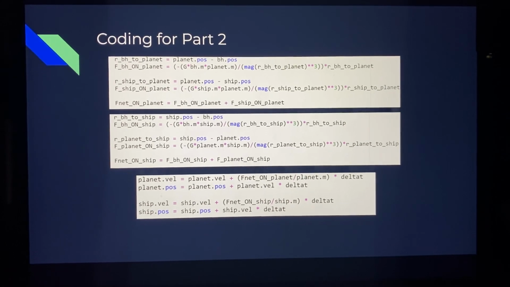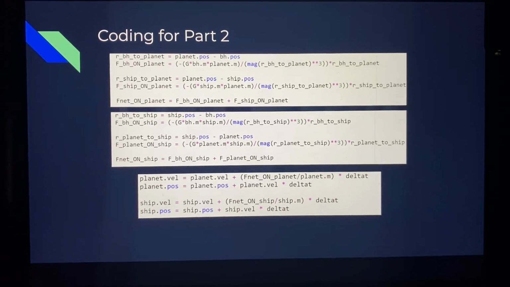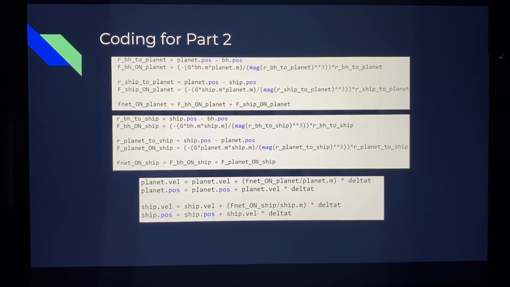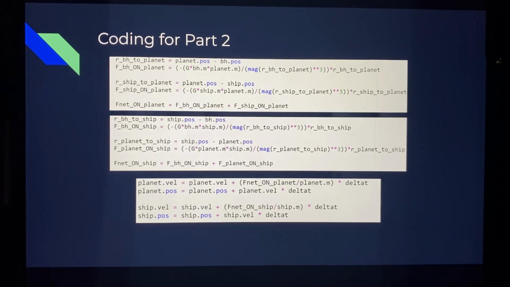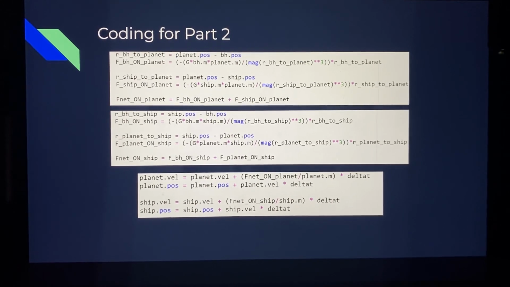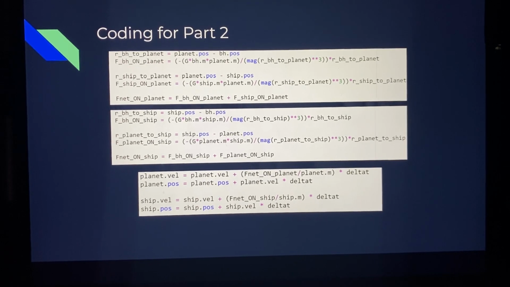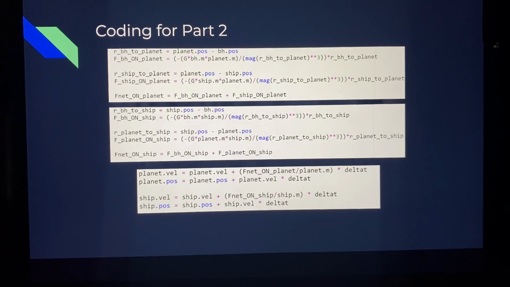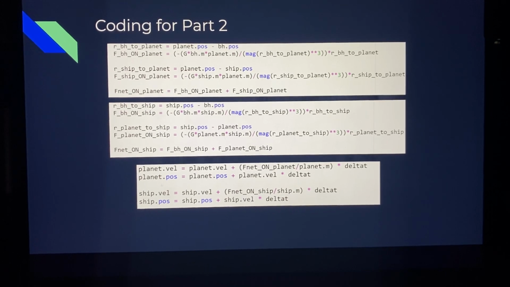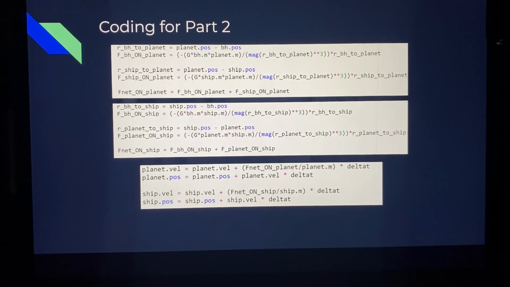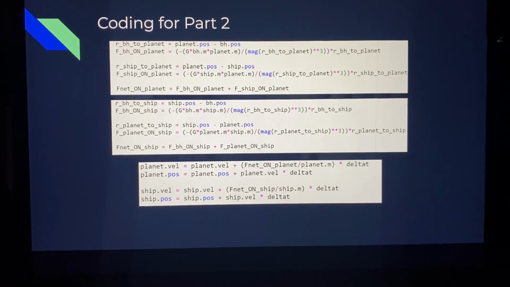So what I did first was I used the gravitational equation to find all the net forces on the planet, so from the black hole and the ship. And then I used the gravitational equations to find all the forces on the ship from the black hole and the planet. And then I used those along with some update formulas to find the velocity and positions of the planet and the ship.